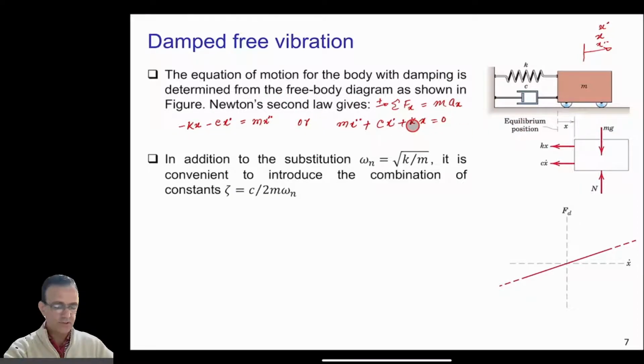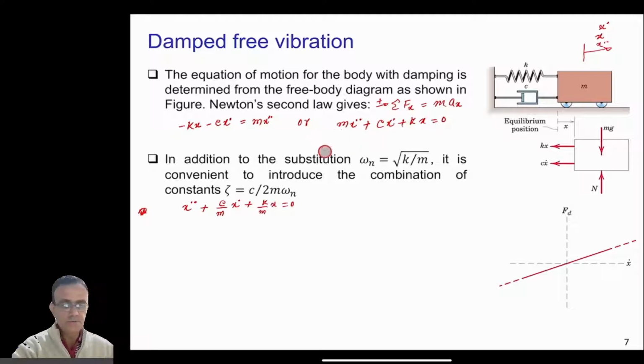So if we consider this equation here, and if you just divide this equation by m, then it will become x double dot plus c divided by m x dot plus k divided by m x equals 0. So this is the equation now here.